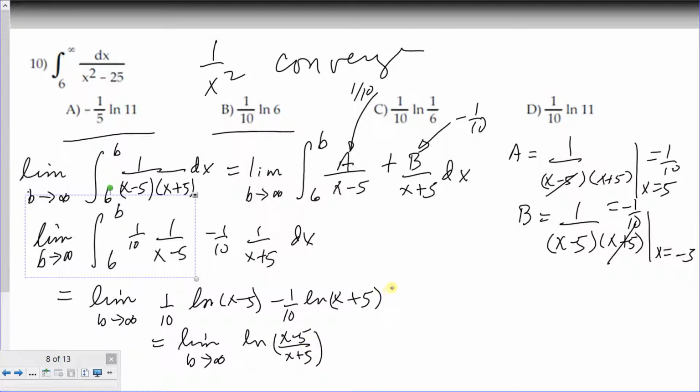And of course we want to evaluate this between 6 and b.